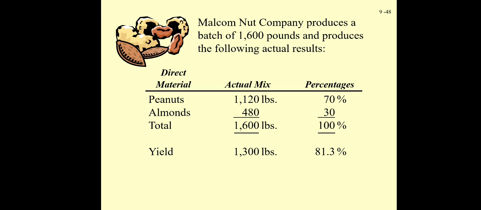Okay, let's see here. This is another example. Malcolm Nuts company produces a batch of 1,600 pounds and produces the following results.